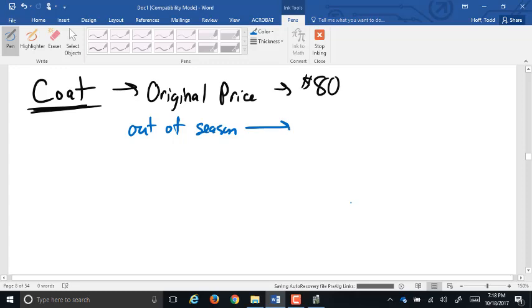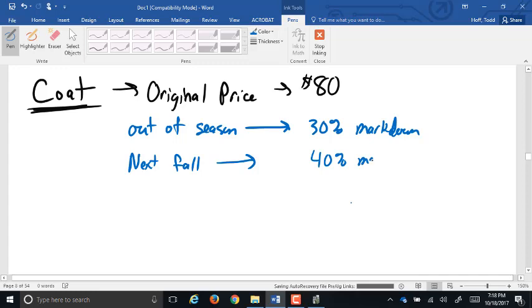Hits that March deadline. 30% markdown. Still there next fall. Well, guess what? They're going to mark it back up. Why not?